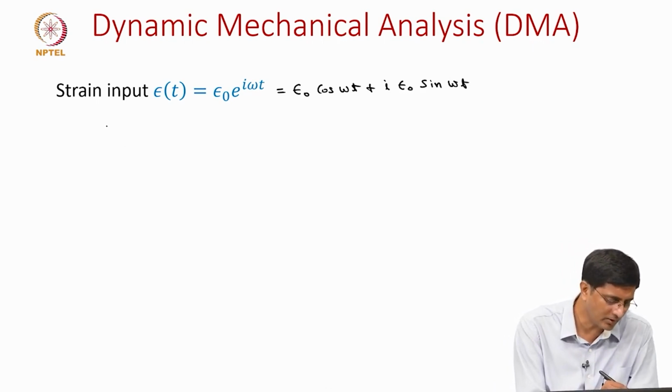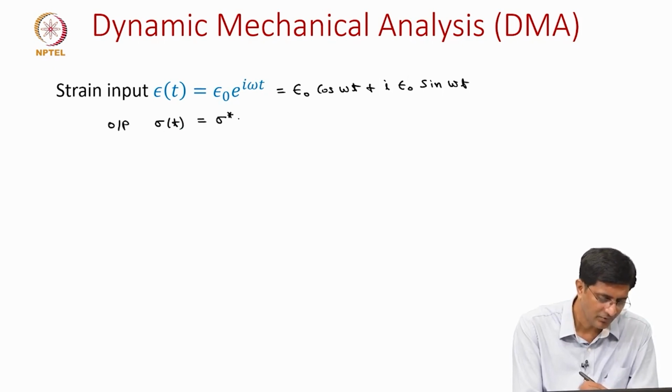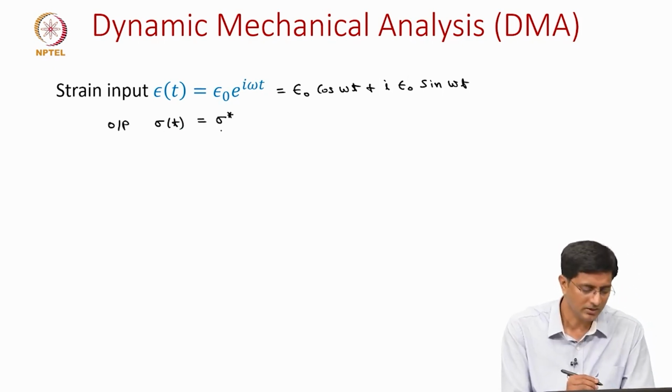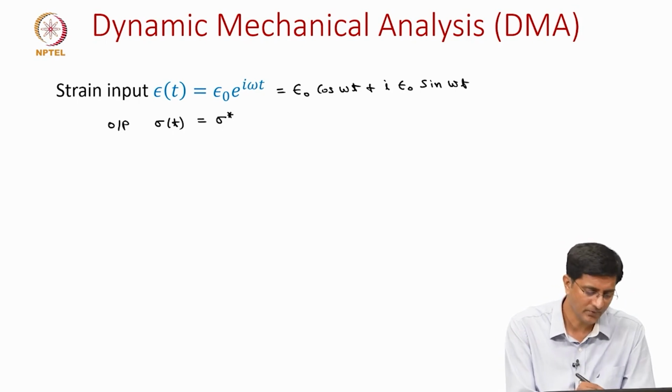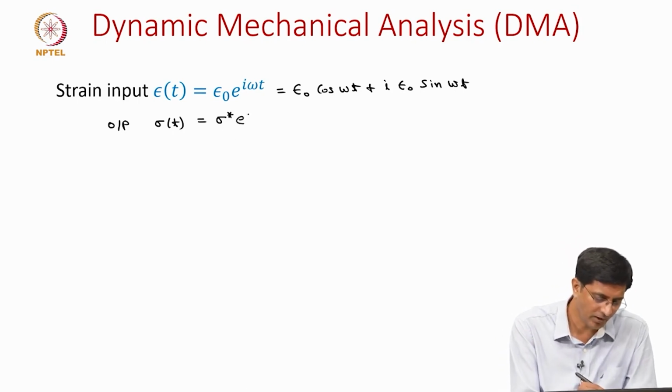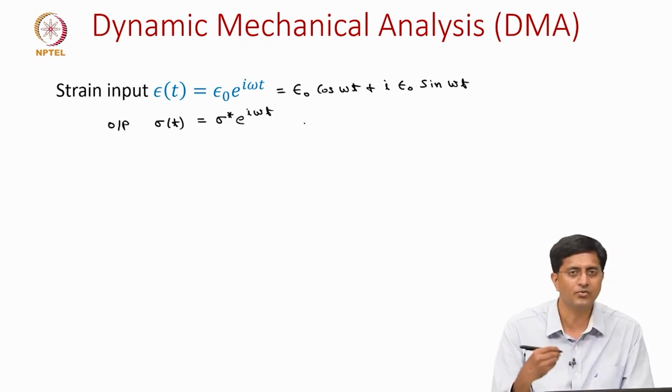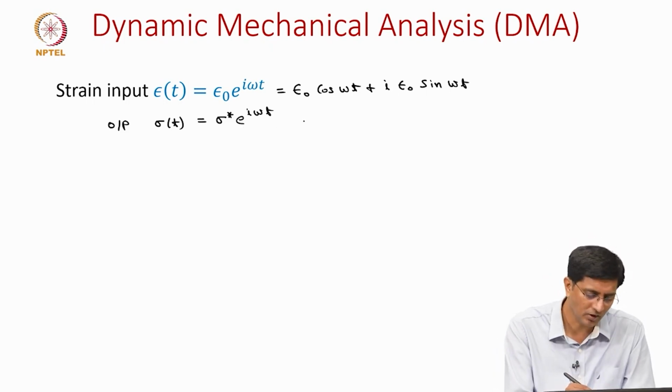Now let us look at the output. In terms of stress, we will write it as sigma star, a complex stress, times e power i omega t. The reason I am able to write it as e power i omega t is from our observation that the output also has the same frequency.